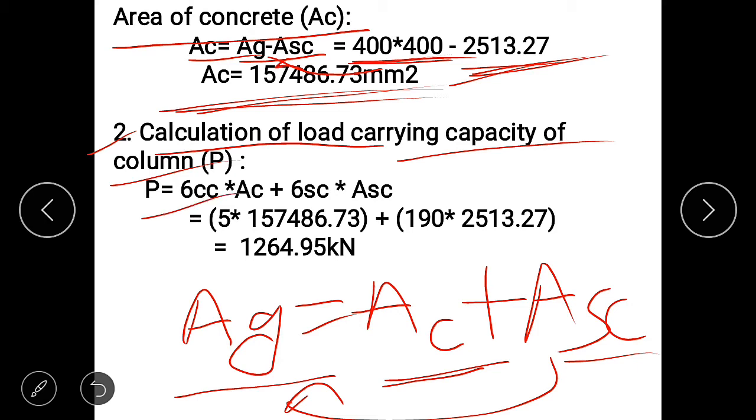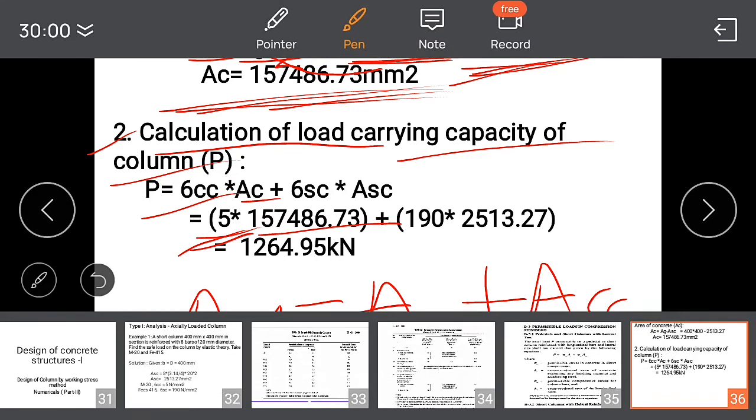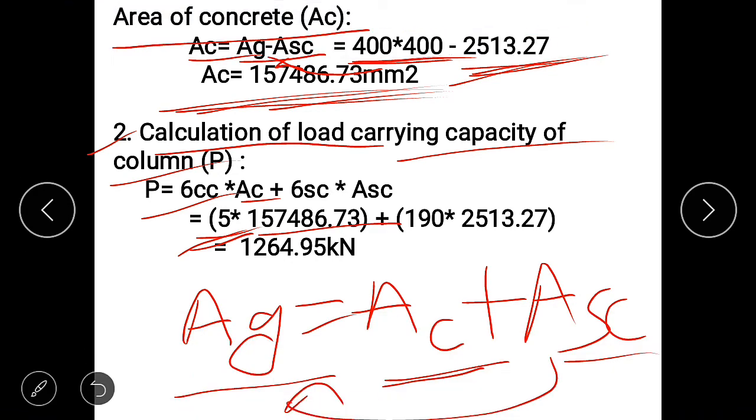From table number 21, for M20 grade of concrete, the value of sigma cc, direct bending stress, is 5. AC we already found, 157486.73, plus sigma sc from table number 22 for Fe415, which is 190, into ASC, the area of steel.